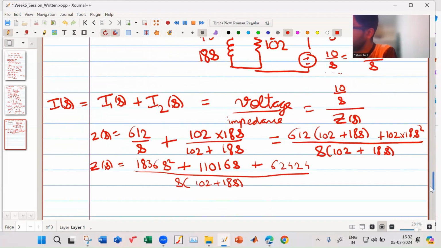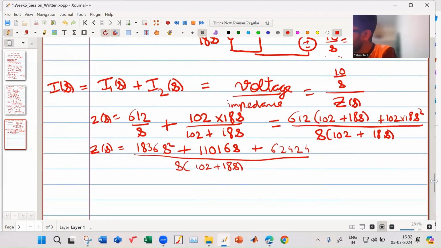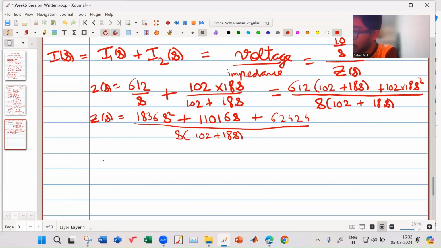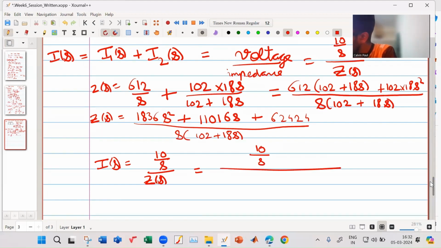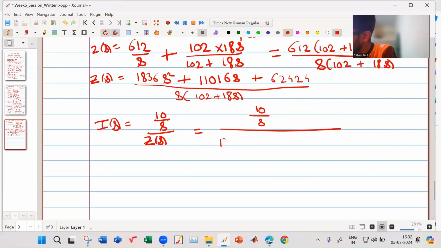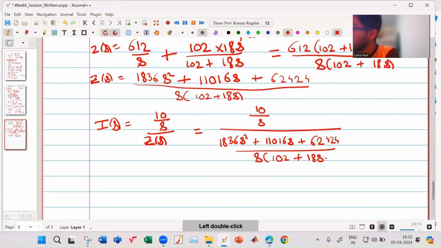So my I of S is equal to 10 by S divided by Z of S, that is 10 upon S divided by 1836 S square plus 11016 S plus 62424, divided by S into 102 plus 18S.